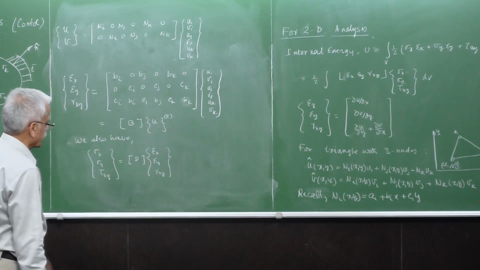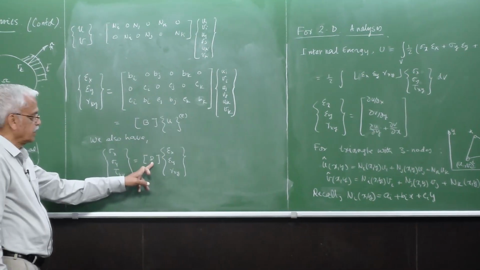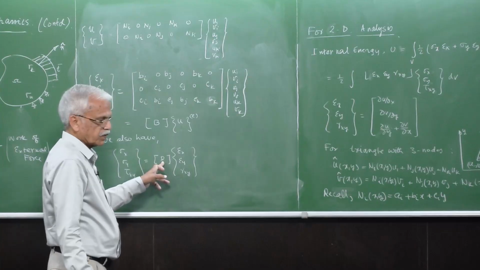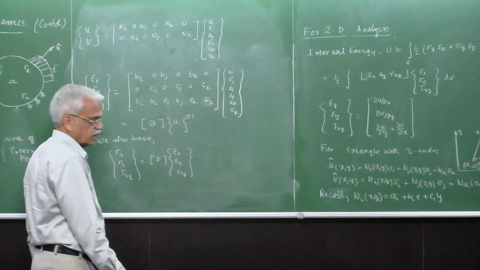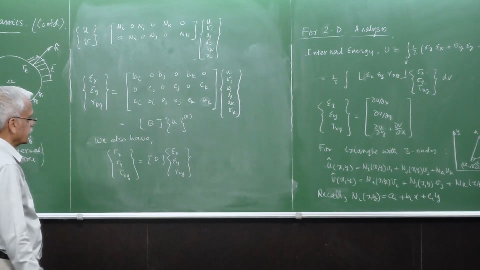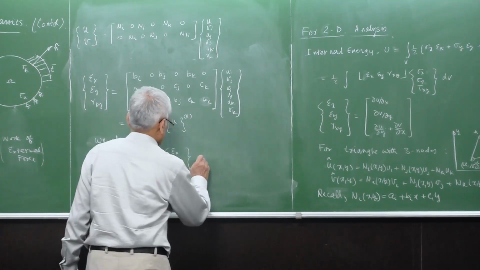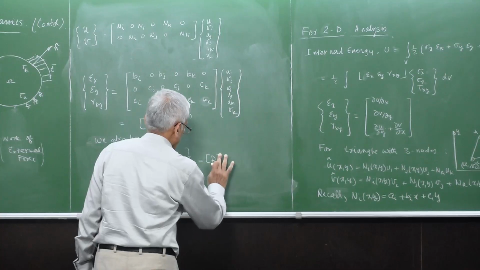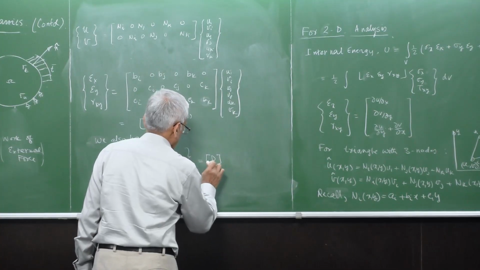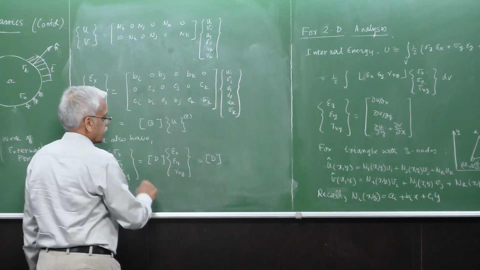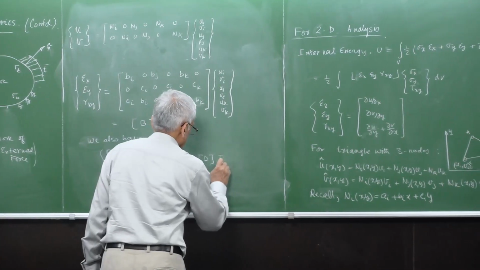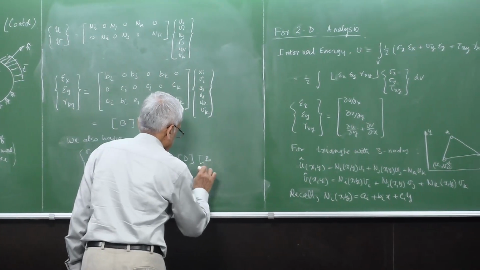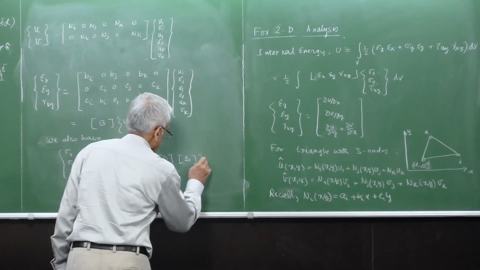So this is the constitutive equations between stress and strain, and this is how we write it. So this in terms of nodal displacements, that also we can write as D B times UE.